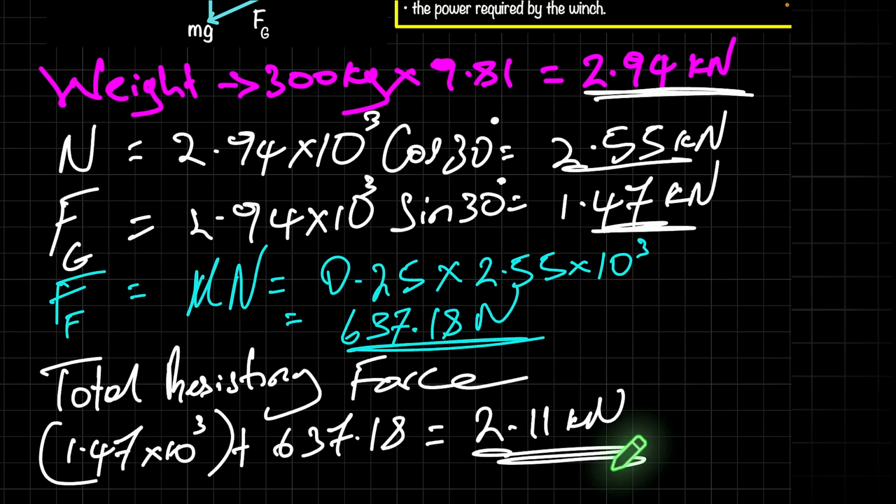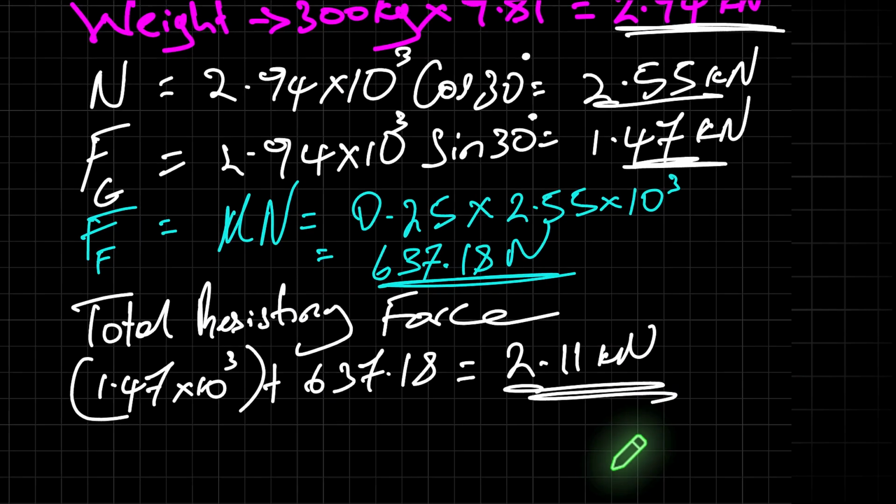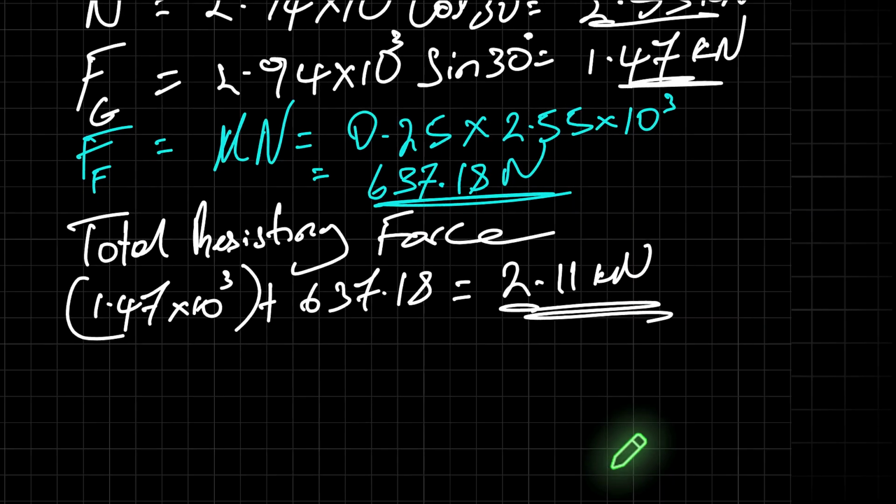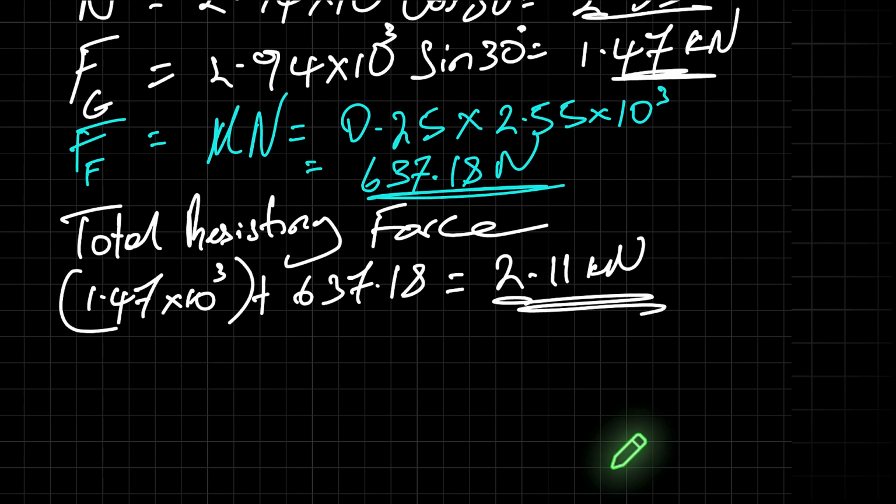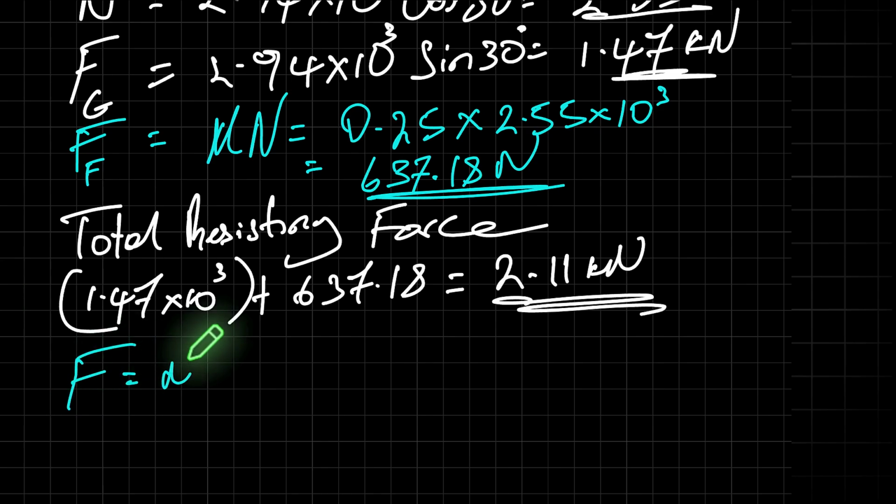Now let's apply Newton's second law to understand what's happening with the force with respect to its acceleration, because we have that value for acceleration, which is 2 meters per second squared. So if we apply Newton's second law now, which is our force is equal to the mass times acceleration, then we know what force this thing is pushing based off of its mass and its acceleration.